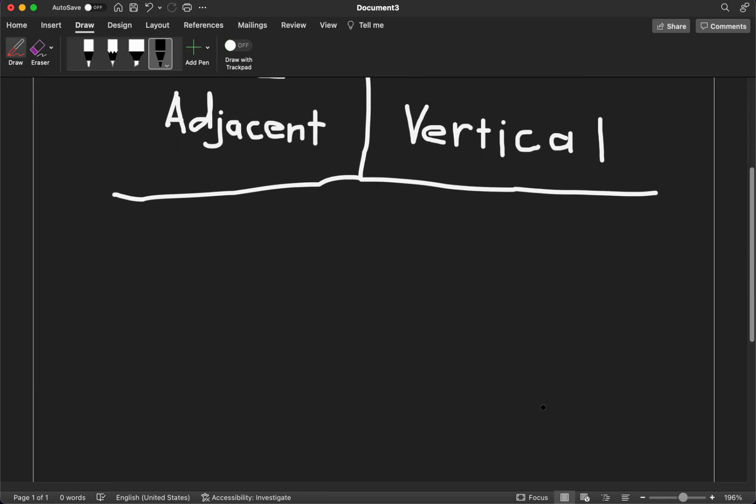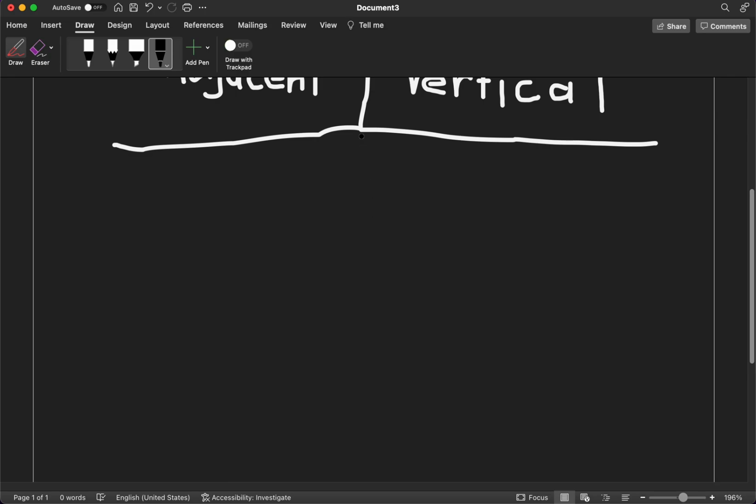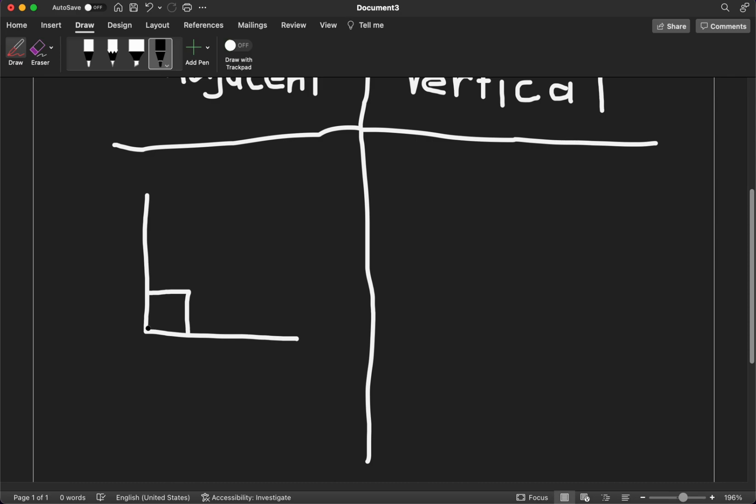Here's another kind of angle that you're going to need to know. You're going to need to know complementary angles. Complementary angles are when you have, now this is going to be hand drawn, so it's not going to be accurate, a right angle that is divided.